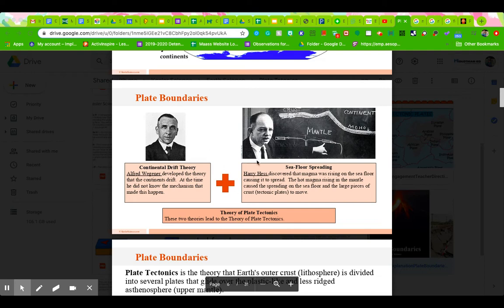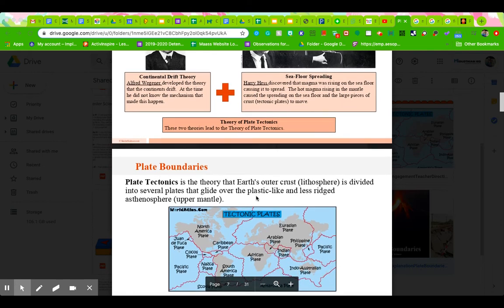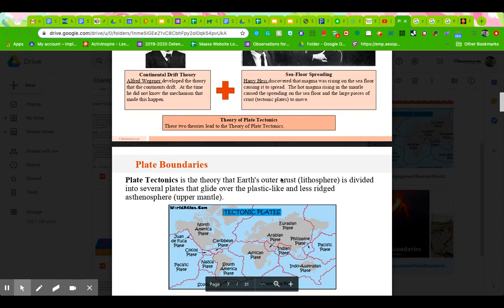His theory, plus Harry Hess's theory of seafloor spreading, was that underwater, there is the oceanic crust at the bottom of the ocean floor, and magma is pushing up and essentially moving and expanding the seafloor, hence the term seafloor spreading. So their two theories together made the theory of plate tectonics.